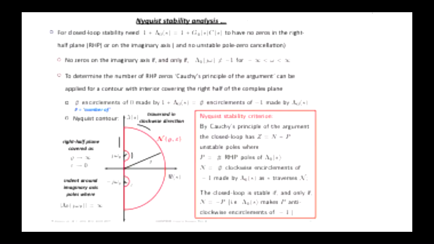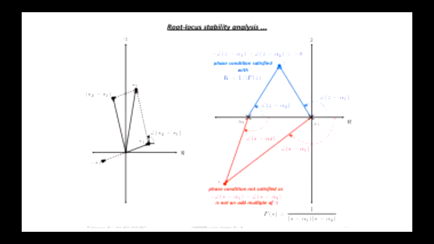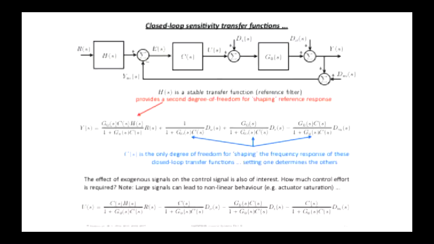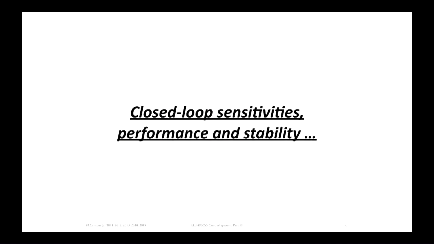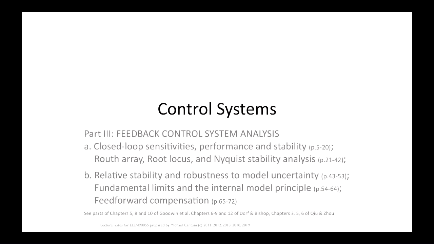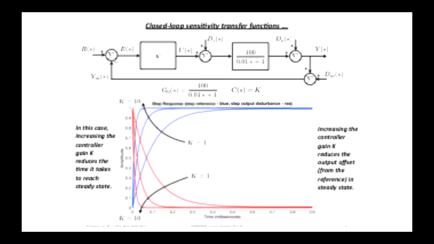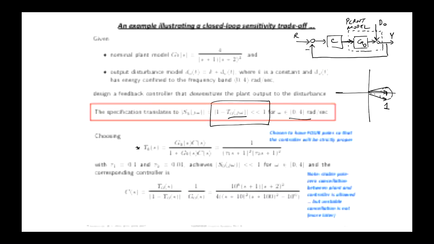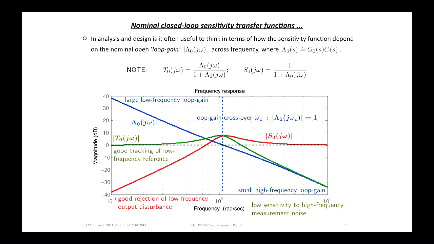And if we go back to this plot here, the closer our Nyquist plot is to the critical point, the bigger the peak we get here. Okay? So whereas if we're far away, then it's telling us the peak will not be big.